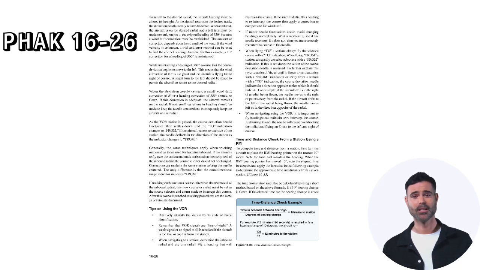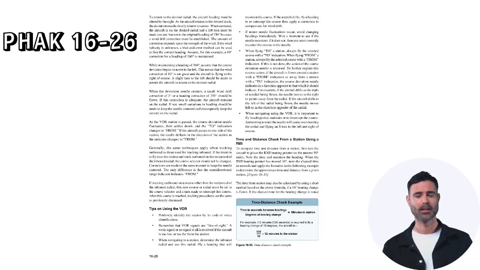If the wind velocity is unknown, a trial and error method can be used to find the correct heading. Assume, for this example, a 10 degree correction for a heading of 360 degrees is maintained. While maintaining a heading of 360 degrees, assume that the course deviation needle begins to move to the left.